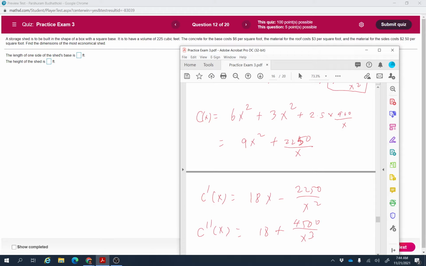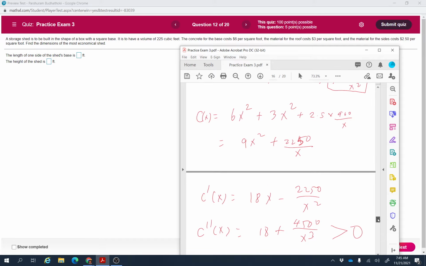Since x is the length of the storage, x has to be always positive. Because x is positive, the second derivative is always positive for any x. The meaning is that at whatever critical point we find, the second derivative is positive, meaning at that critical point the cost function would be minimum.